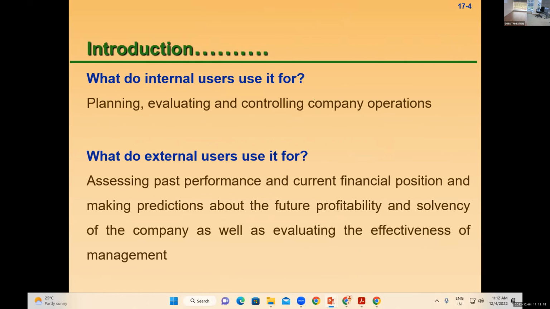Why do people need financial analysis? First, it helps in planning, it helps in evaluating the company's operations, and it also helps in controlling the company's operations.